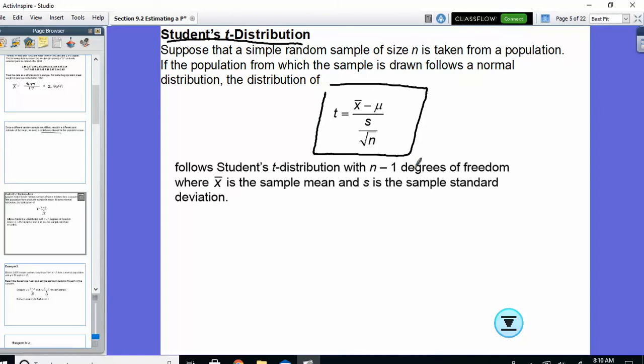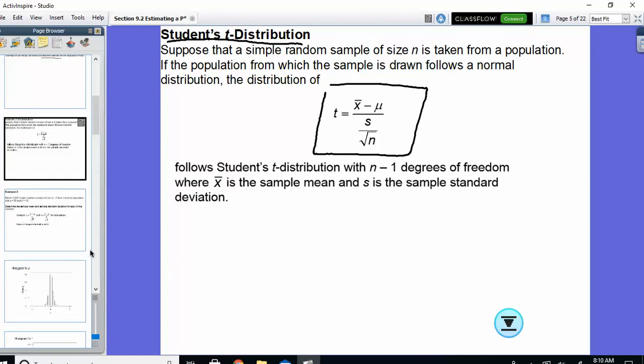In this, we have to talk about degrees of freedom. Degrees of freedom is always one less than your sample size. X bar is your sample mean. You have your mu is the mean of the entire population. S is the sample standard deviation. So all of these variables we've seen before. Some of them have been a little bit. But we are going to be finding t this time.